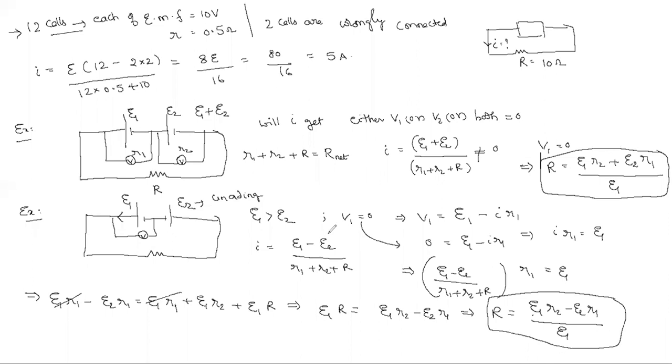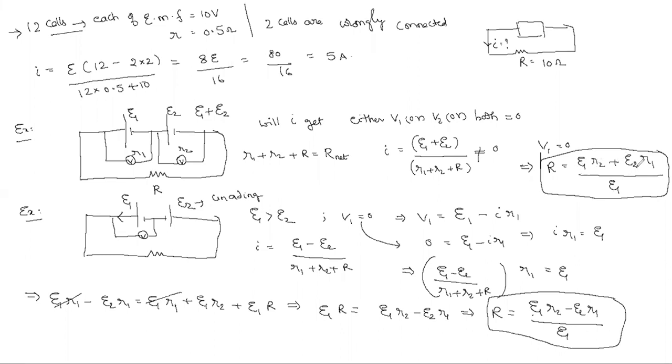In this case, suppose if they ask in the unaiding case or aiding case, if E1 is equals to E2, both are of same EMF but different internal resistances. Same EMF means the condition will be how much here you get?